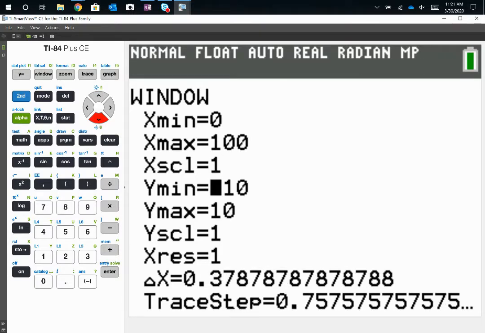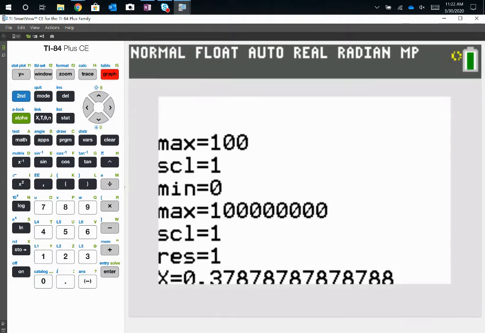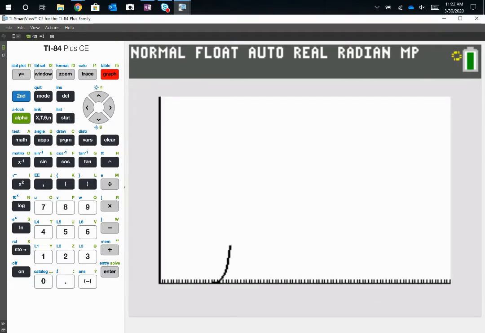We can't really do justice to the y values here, so let's start the y values at 0 and put it at, say, 100. The window might be out of whack here, but you can see the sharp climb in the values of y.